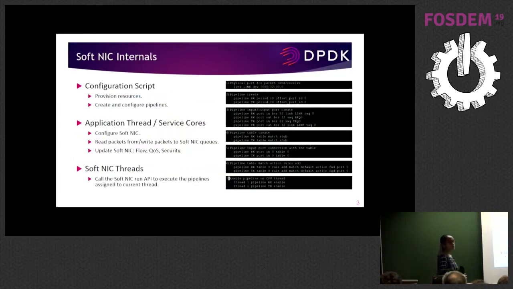Yeah. So far, we have learned that SoftNIC provides a software fallback for the missing features of the hardware. So let's see how this can be achieved internally. To achieve these features, SoftNIC needs a configuration script.